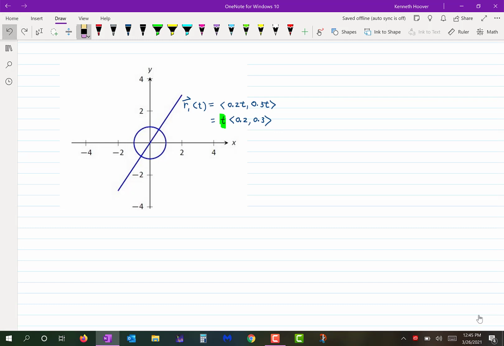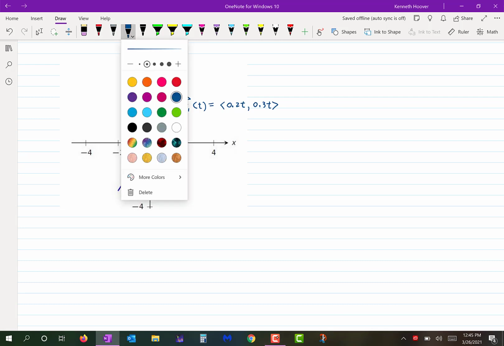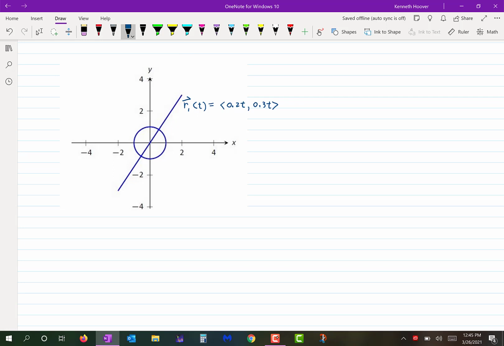Okay? All right, now let's look at the circle that's there. Whoops, I didn't mean to erase that. Let me write that part back in there. The circle, that's a different function.